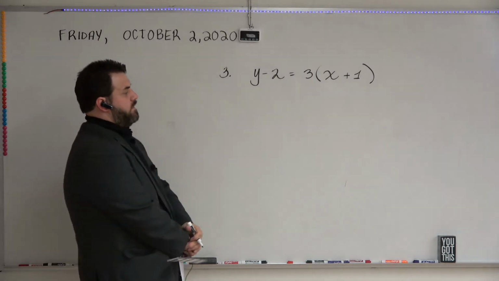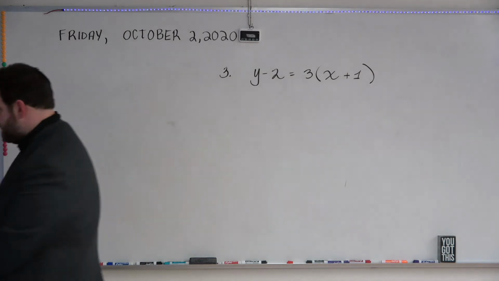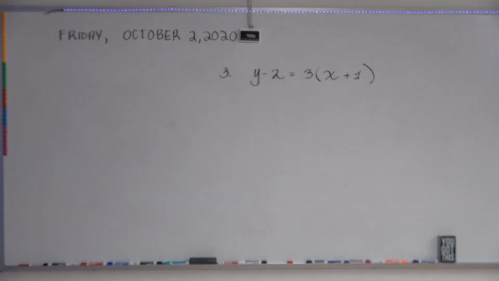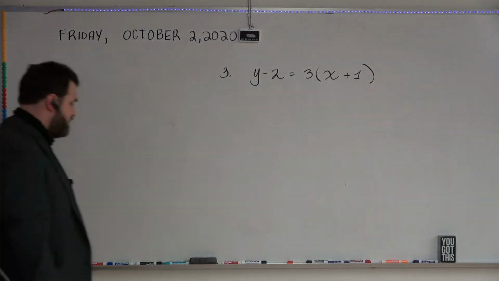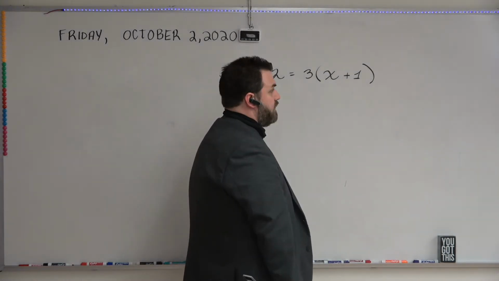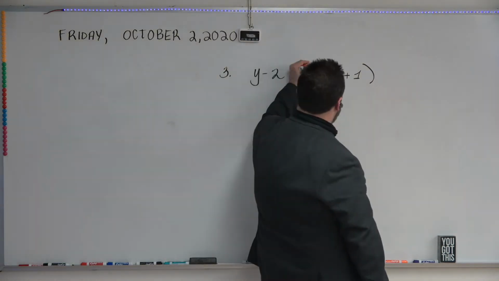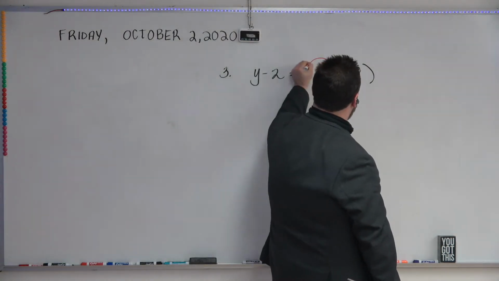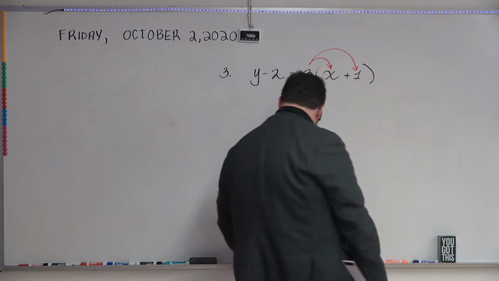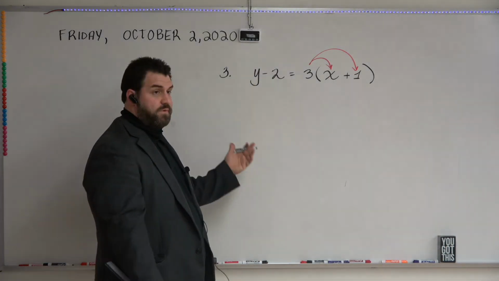What should be the first step in this process? Oh, the parentheses. And what property, do you remember the property name? Starts with a D. Distributive, good job. Okay, distributive property, and that implies that we're going to multiply, right?